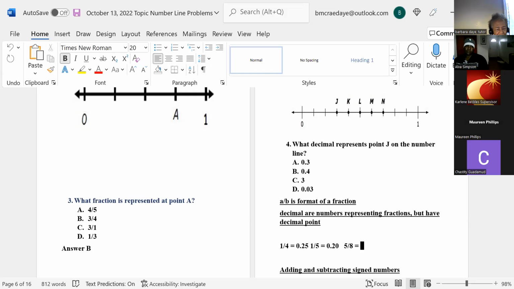Well, let's see. 1/8 is half of 1/4. That's 12.5, right? So if we multiply 5 times 12.5, you're right, Maureen, 0.625. That's correct.